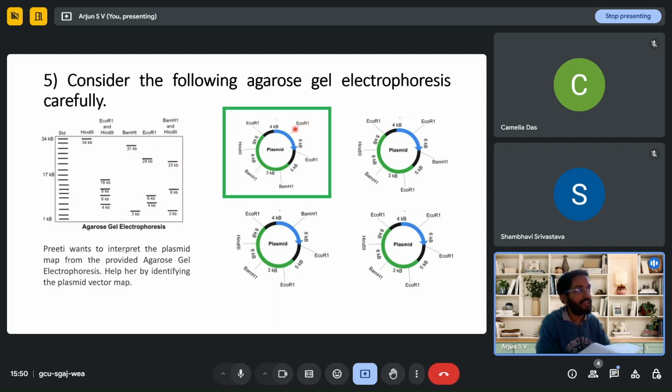EcoR1 sites are here, here and here. So we'll get one fragment of 4 kilobases, one fragment of 6 kilobases, and one fragment of 5 plus 3 plus 8 plus 8, which is 24. So that is what we are getting here as well. So is everyone able to get how we are solving this problem?